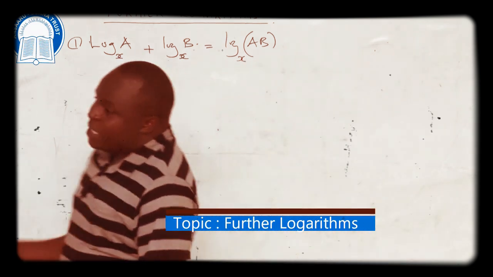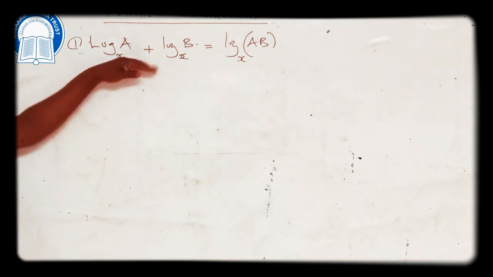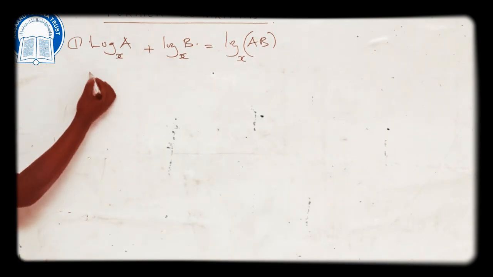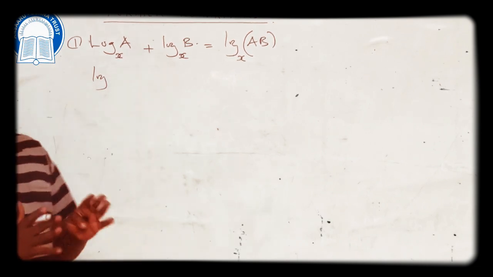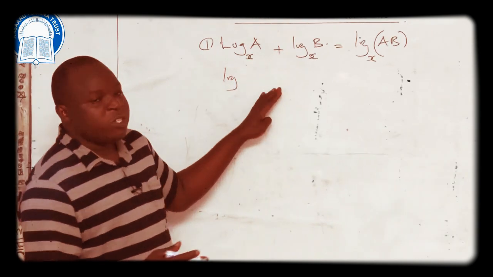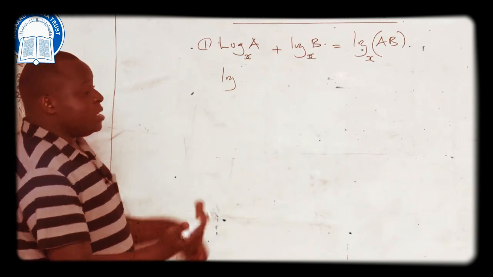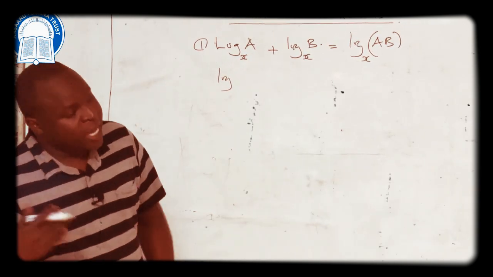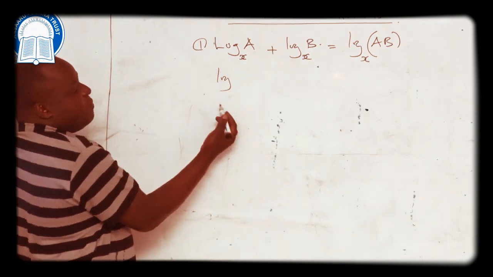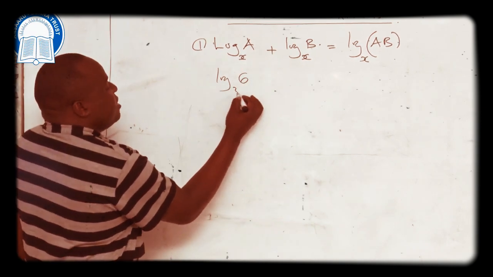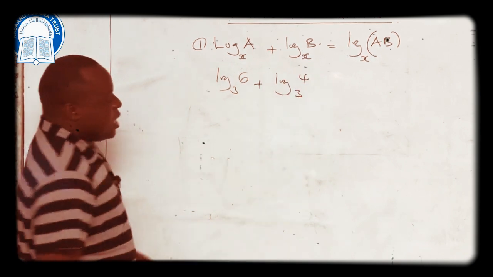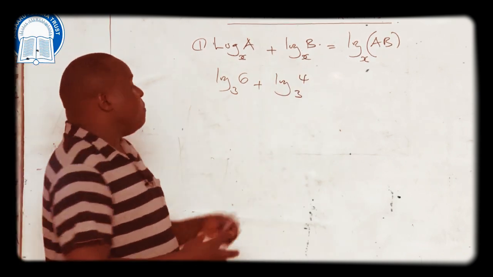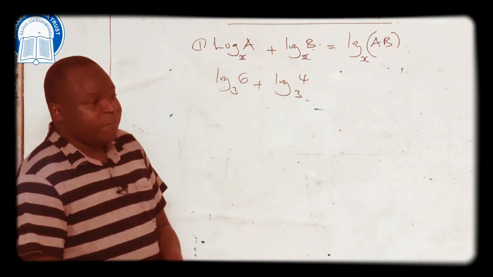So now, in a basic example of a question to explain this, today we're only looking at examples to do with expressions. Then maybe later on there will be questions I will still explain. Simplify log 6 base 3 plus log 4 base 3. This is possible. Why? Because the bases are the same.